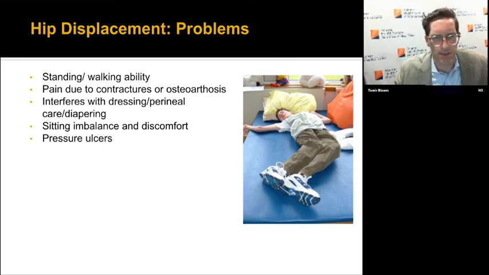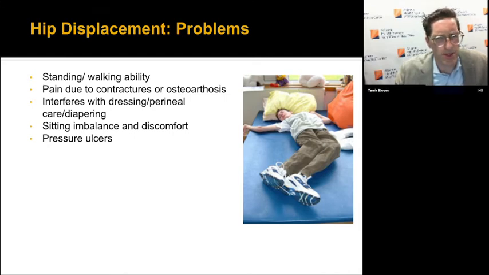He has this windswept deformity where the legs are angulated towards one side, and this most likely means that this right hip is out, and trying to abduct this hip to dress or to provide perineal care can be very difficult once the hip is dislocated, because a dislocated hip can cause severe limitation of motion of the hip.